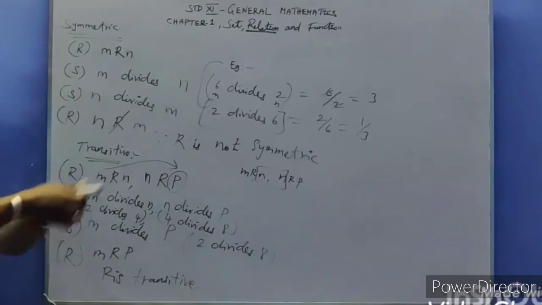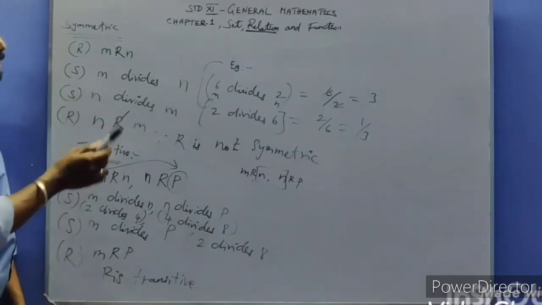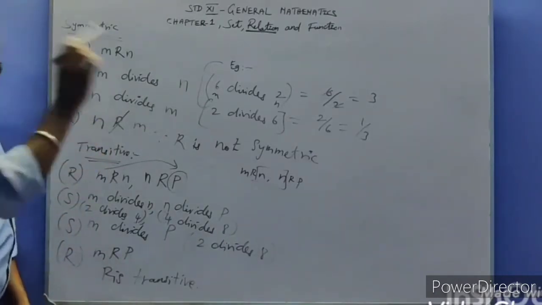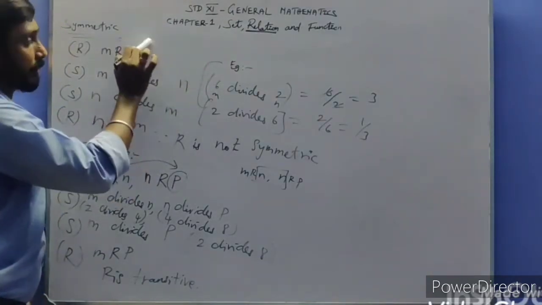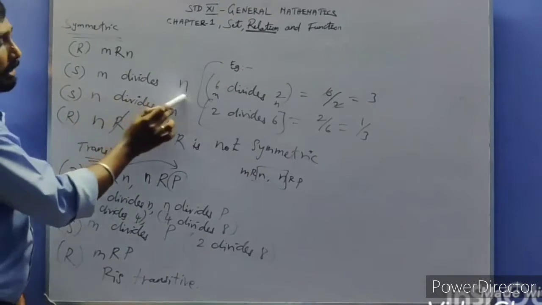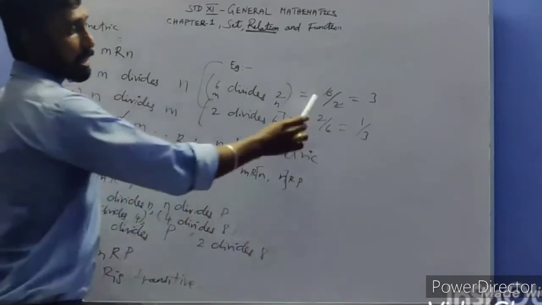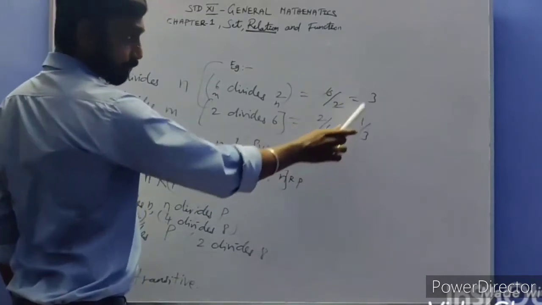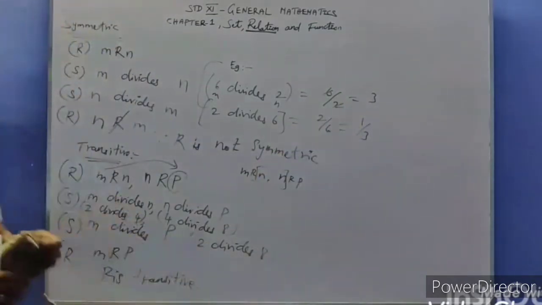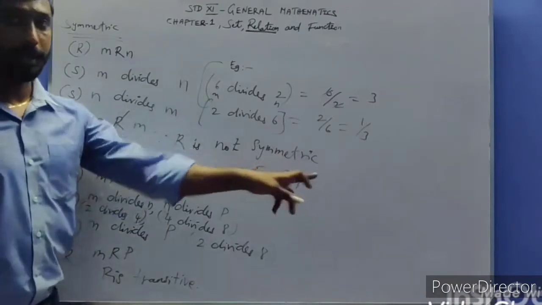So listen children, first you have to understand what is meant by relation. Relation will be that person A related to A. Here M related to M, that is reflexive. But here M divides N and N divides M: 6 by 2 will be 3, 2 by 6 is not a whole number. The value is not the same, so it is not symmetric.